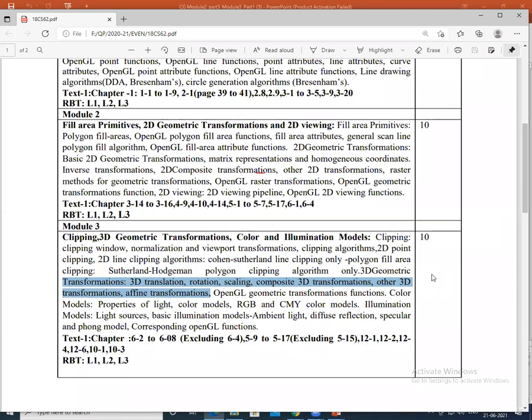The questions you can expect are from two-dimensional geometric primitives, that is fixed. I'm just telling you because we have done even a program on fixed point rotation of a triangle, right? That is fixed point rotation in the case of geometric transformations.